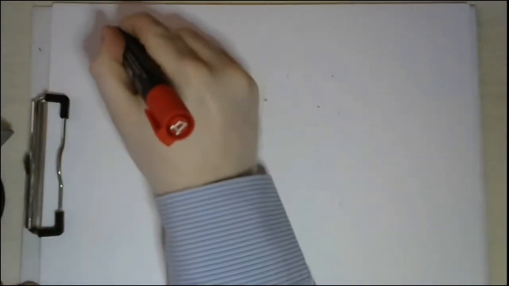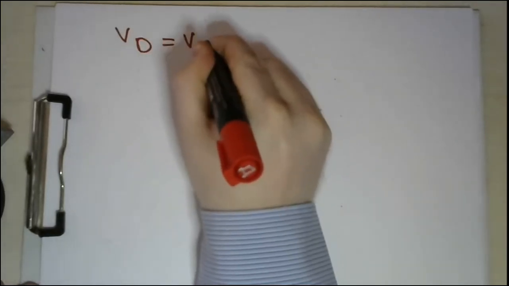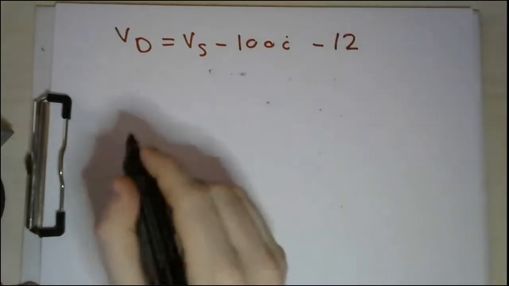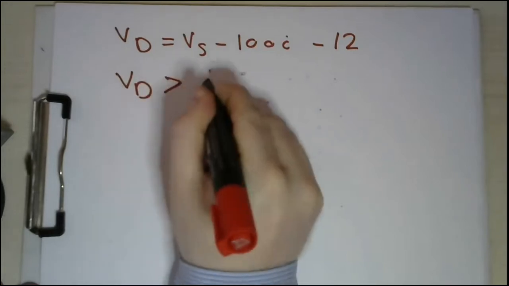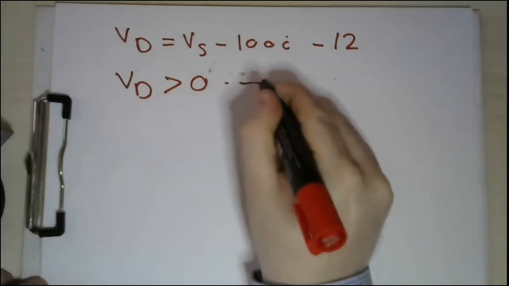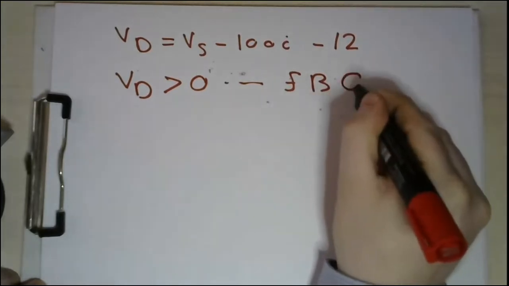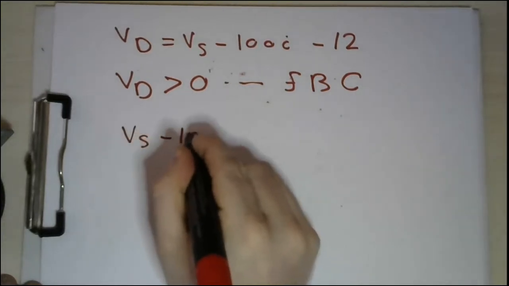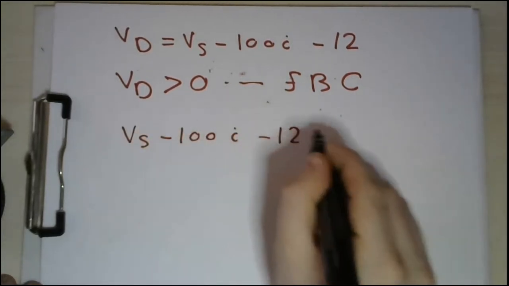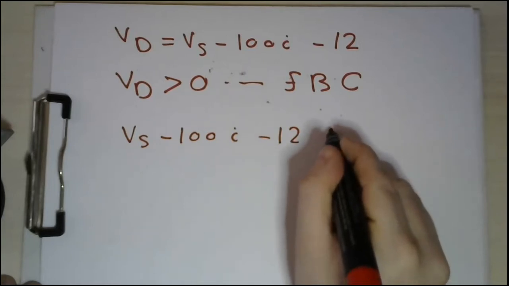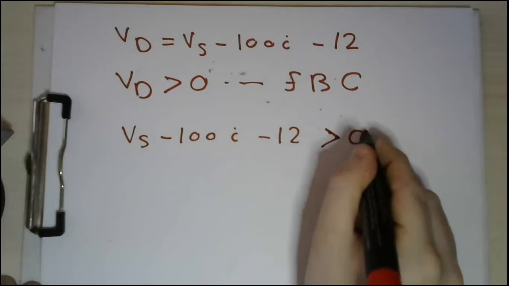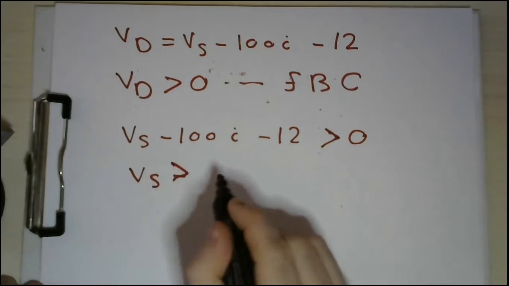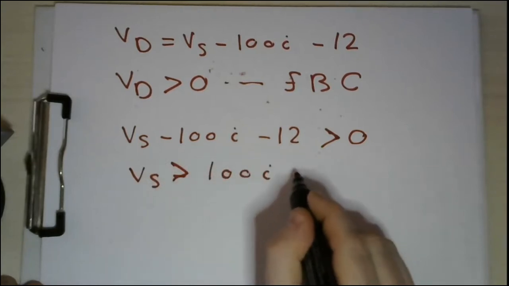So we have the equation Vd equals Vs minus 100I minus 12. We need this Vd to be greater than 0 to satisfy that you are in the forward bias condition. So Vs minus 100I minus 12 should be greater than 0, or Vs should be greater than 100I plus 12.